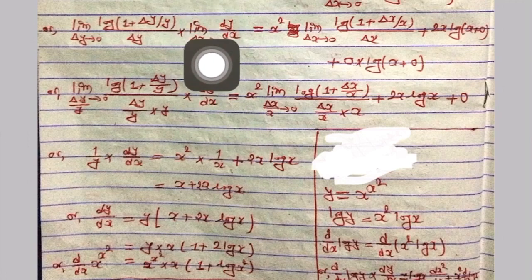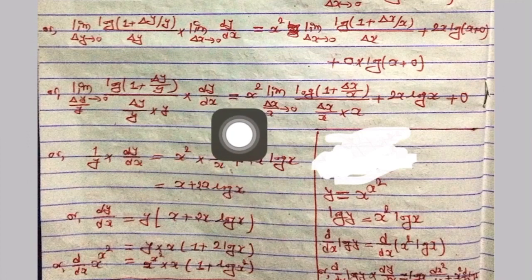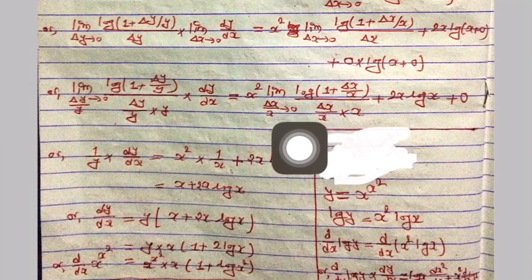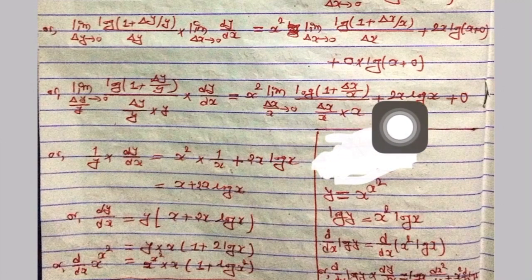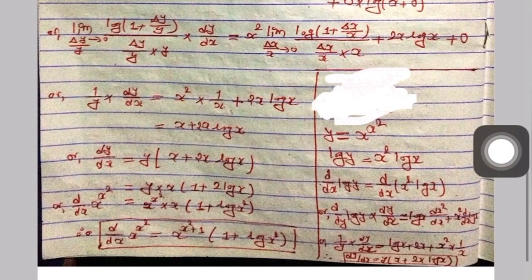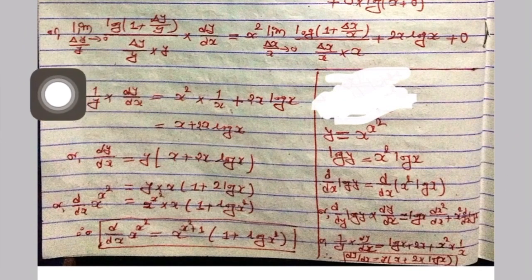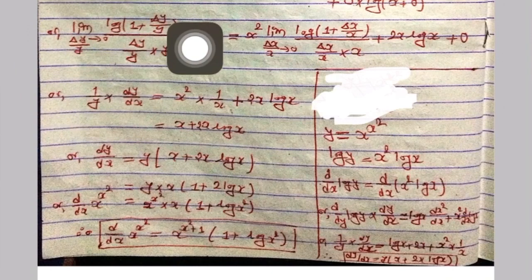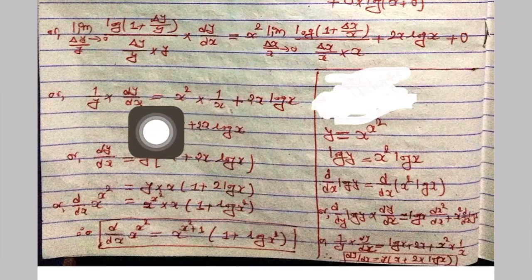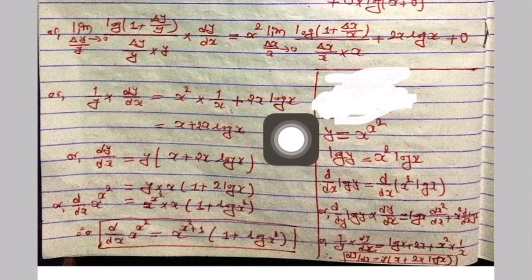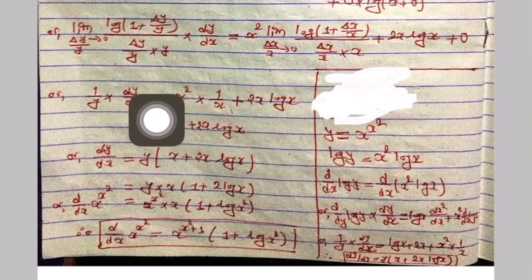Okay, and this term can be written as dy by dx is equal to, on the right hand side there is x square limit del x by x tends to 0 log of 1 plus del x by x whole divided by del x by x times x, plus 2x log x plus 0. This third term becomes 0 here, and on the left hand side there is 1 by y, and this term is used as 1, and dy by dx is equal to, here x square is there, and here 1 by x plus 2x log x is there, and this is what you can write as x.